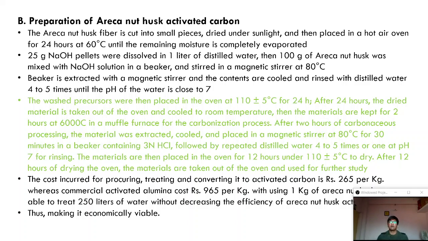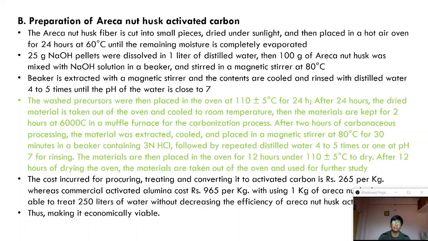After 2 hours of carbonization, the material was extracted, cooled and placed in a magnetic stirrer at 80 degrees Celsius for 30 minutes in a beaker containing 3N HCl, 3N is normality, followed by repeated rinsing with distilled water 4 to 5 times until pH 7.